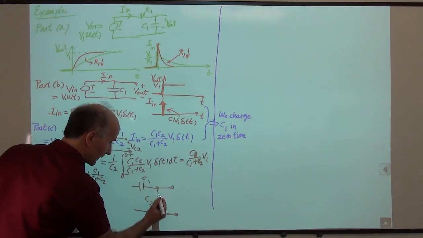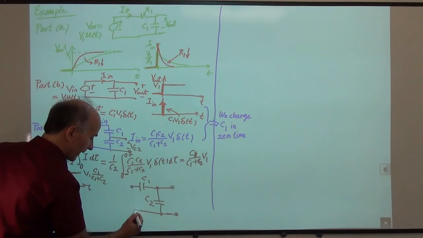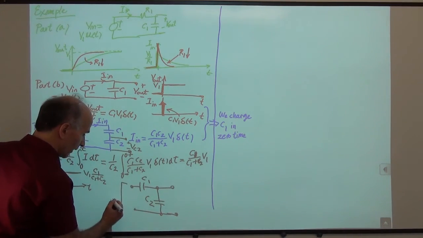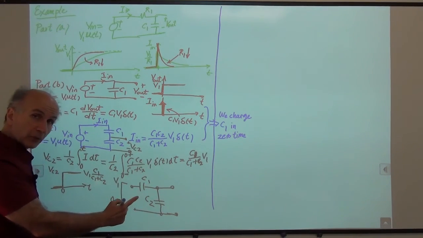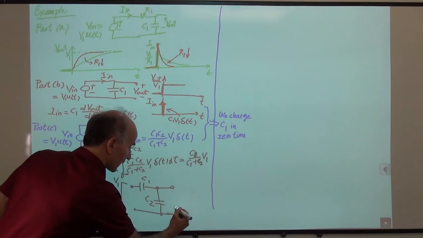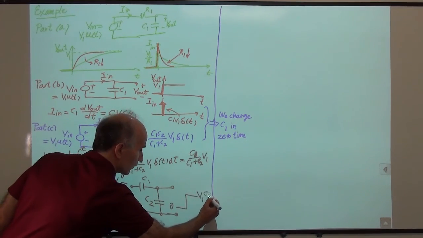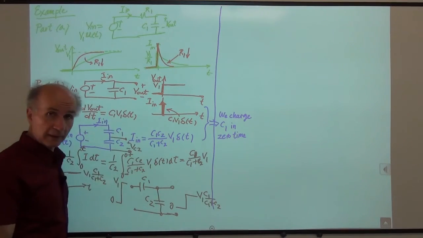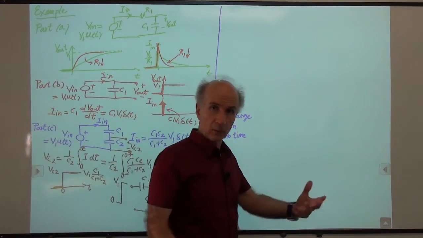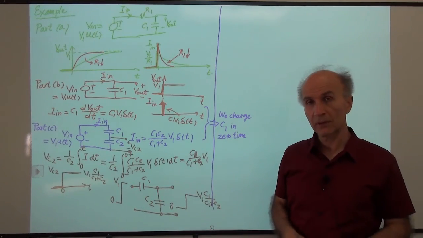And what we see is that a step at the input from 0 to V1 gives a step at the output, but smaller, right? So that goes from 0 to V1 times C1 over C1 plus C2. So it looks like a resistive divider, right? It divides the voltage. It attenuates the voltage.